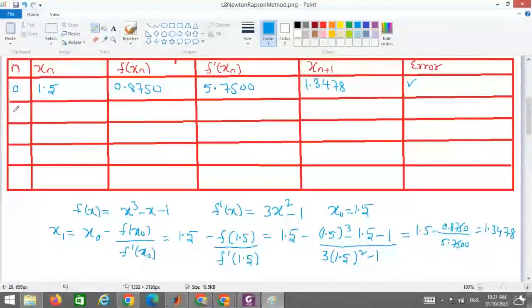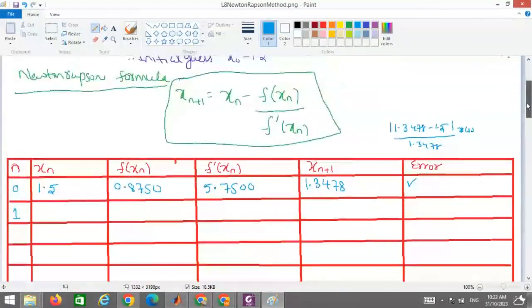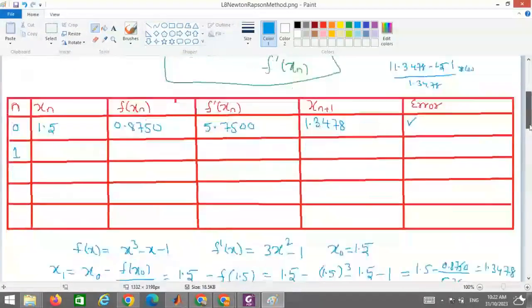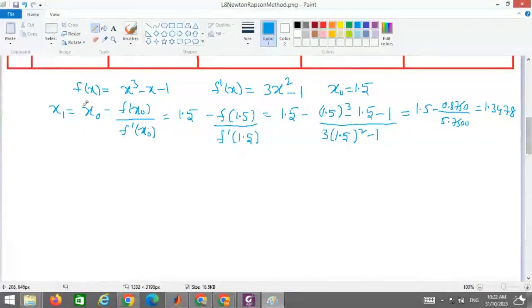Now I will go for iteration number one. When n is equal to 1, put n is equal to 1 in this equation, so xn plus 1 becomes x2, which is x1 minus f of x1 by f dash of x1. For n is equal to 0 we have done these calculations; now we make n is equal to 1.